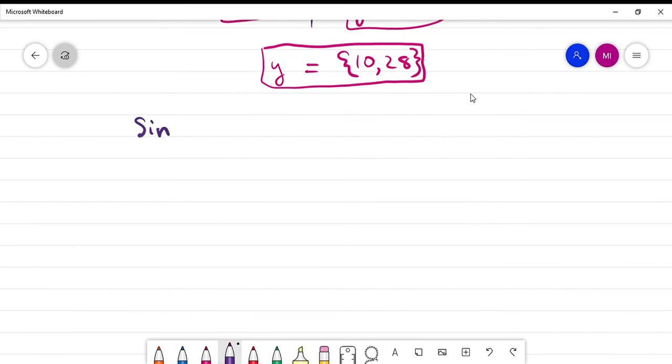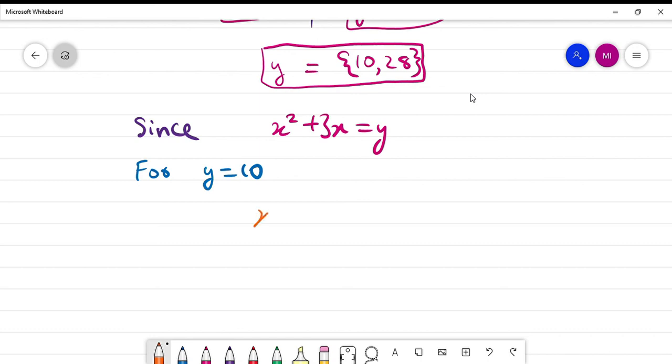So since we said that x squared plus 3x is equal to y, we're going to put each of y's values into this relationship. So for y is equal to 10, x squared plus 3x is equal to 10, and so x squared minus 10 plus 3x is equal to 0.